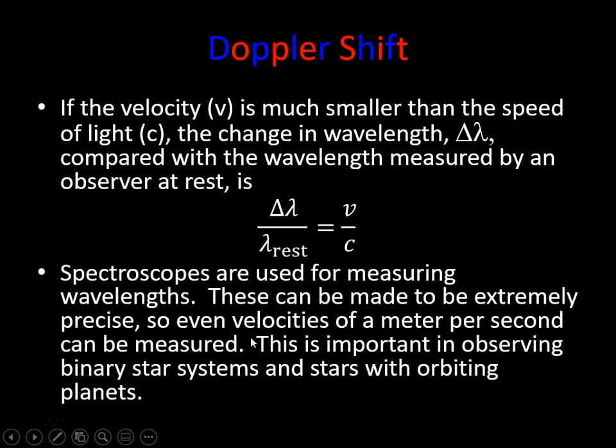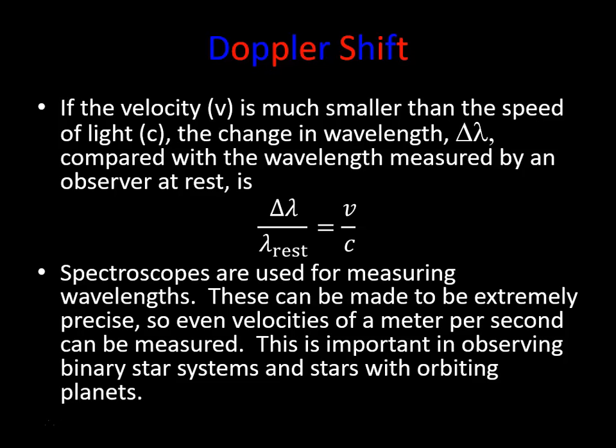Now, this parameter, delta lambda over lambda, is also known by another term. It's something we're going to come back to later in the course, but I want to introduce it now. This delta lambda over lambda emitted, or lambda rest if you prefer, is often abbreviated by the symbol lowercase z for redshift.